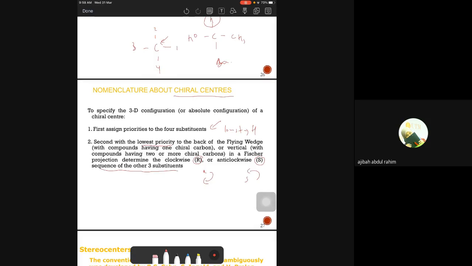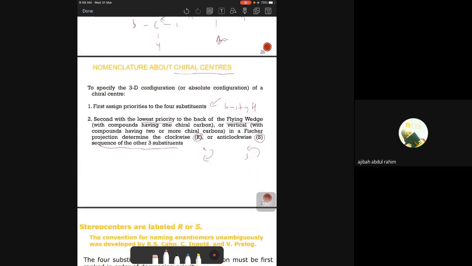So here on the flying wedge, the lowest priority will be put at the back. So how did you draw a flying wedge earlier? You have carbon and with two lines here, okay, and then you have this bold wedge, and also the dotted wedge.